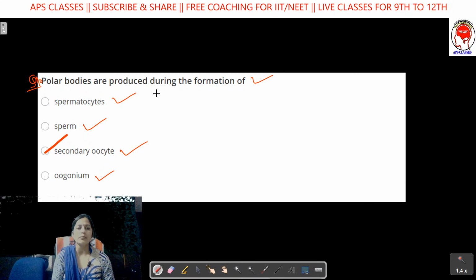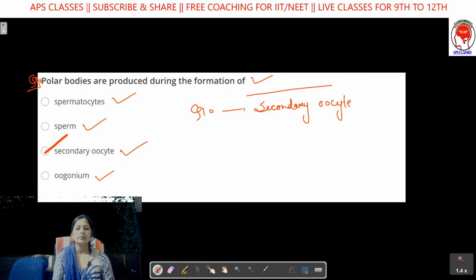Polar bodies are produced during the formation of either spermatocytes, sperm, chondriocyte, or oogonium. So the polar bodies are produced during the formation of secondary oocyte. This is the right answer.